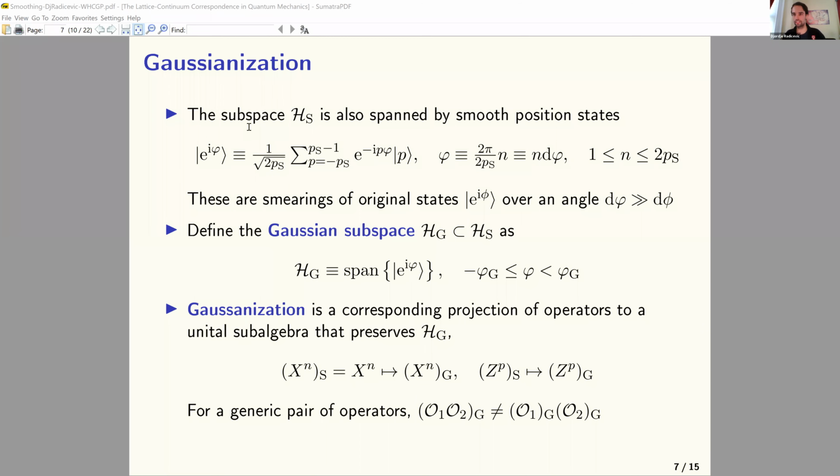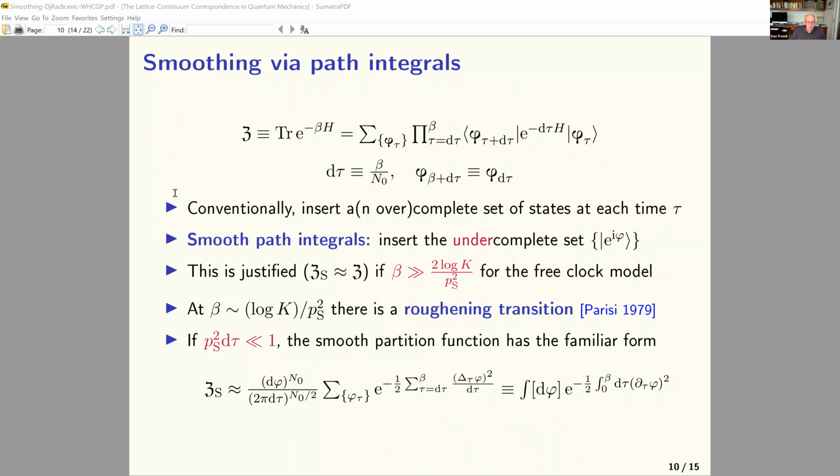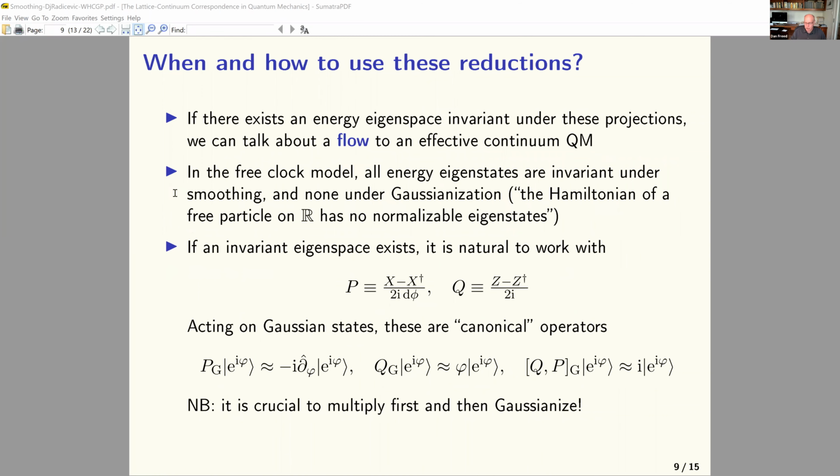Maybe in the interest of time, one more quick question: what do you mean by flow? I essentially mean something like an RG flow, where you go from some theory which is unitary to a theory which is also unitary, like a map between two unitary theories. In general, these projections need not land you on a unitary theory.